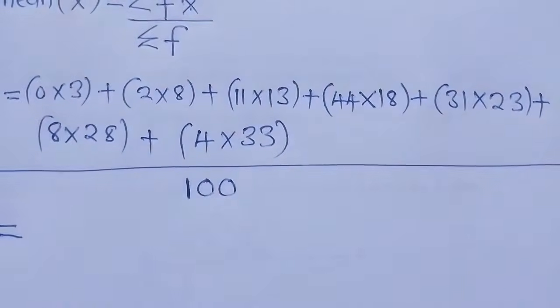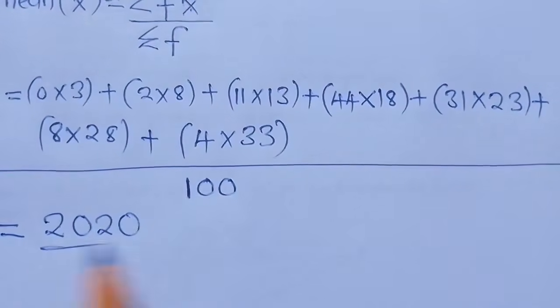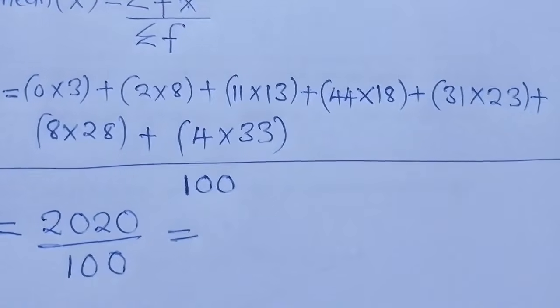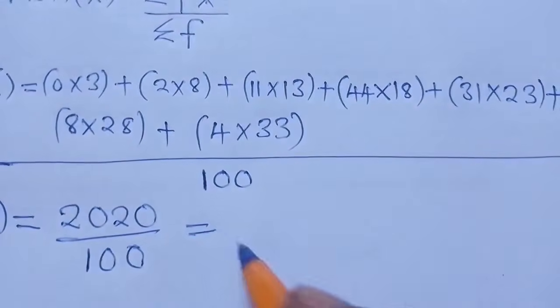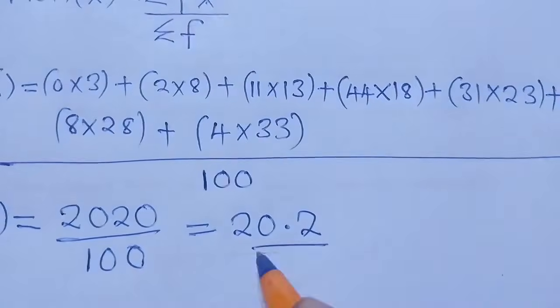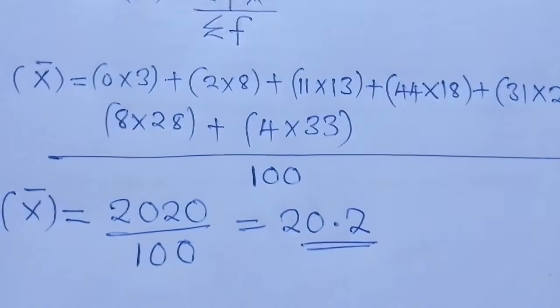You are getting 2020 over 100. So if you say over 100, what answer are you going to get? You're going to get 20.2. That is your mean.